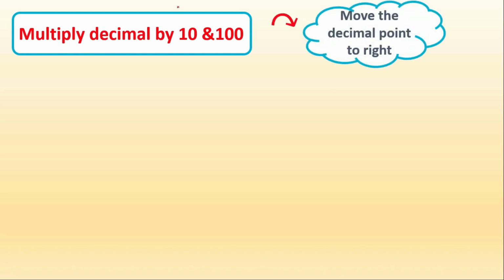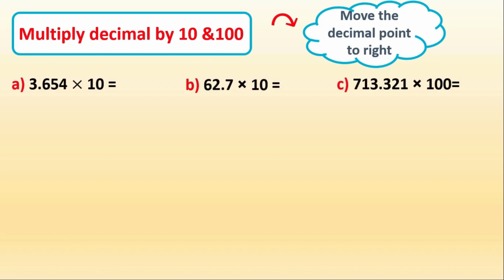See what else we have: multiplying decimals by 10 and 100. Here we have an important note: move the decimal point to the right. What does it mean? The first example, 3 and 654 thousandths times 10. You know, multiplying by 10 increases the number and moves each digit one step to the left.